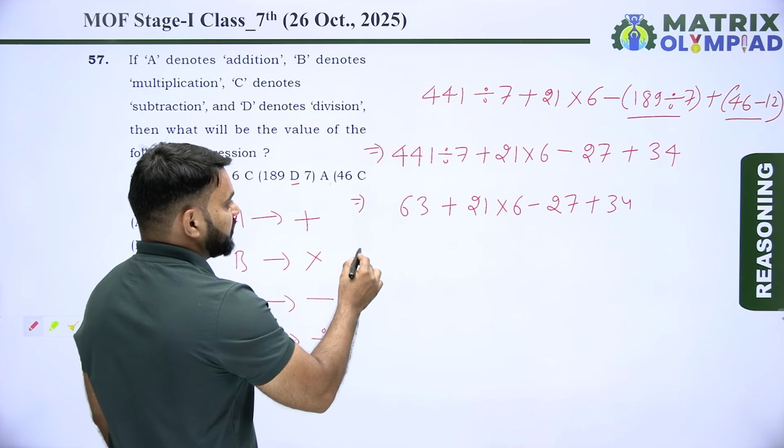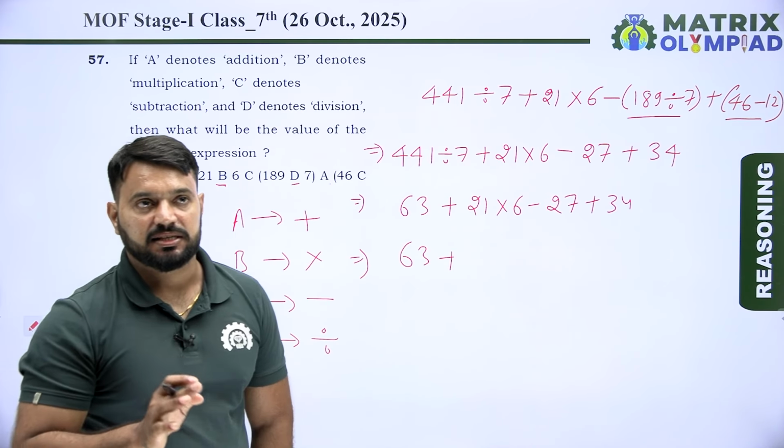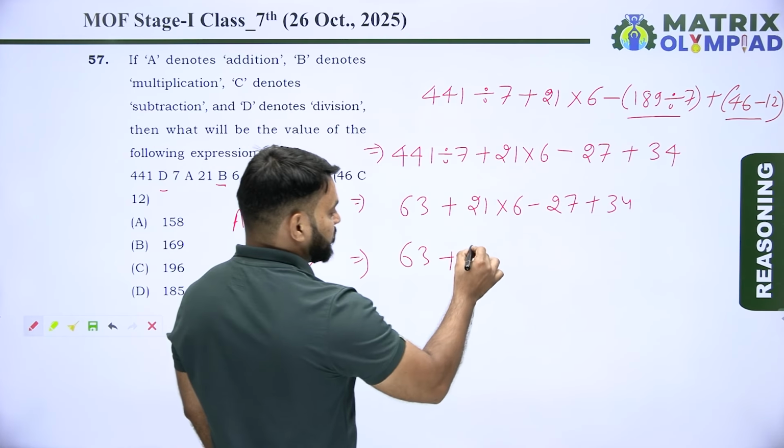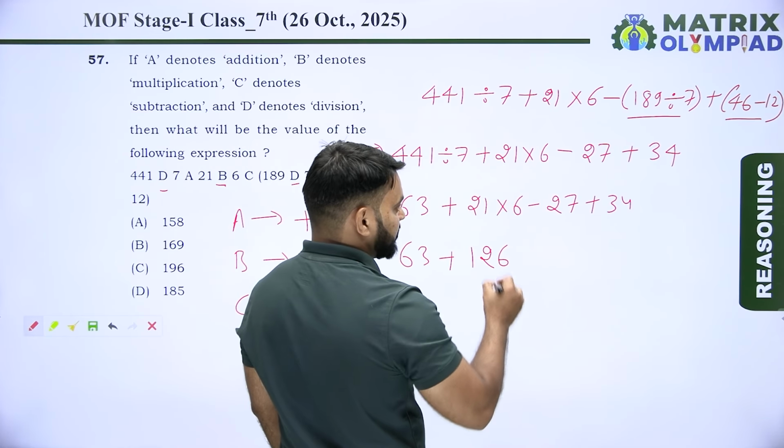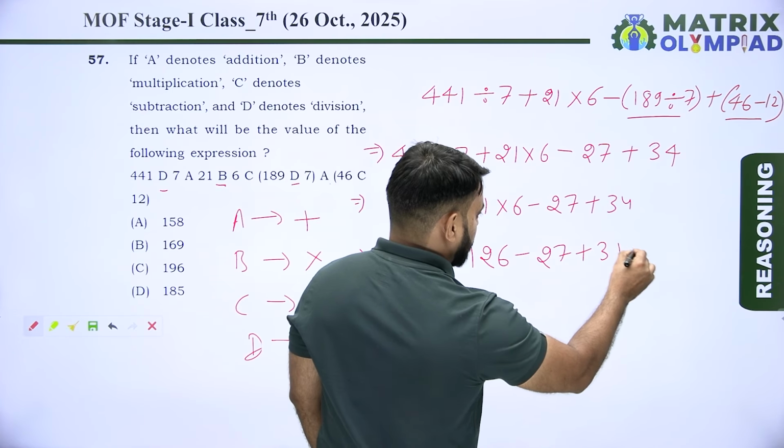Now multiply the numbers. So 63 plus 21 multiplied by 6; 21 multiplied by 6 is 126, minus 27 plus 34.